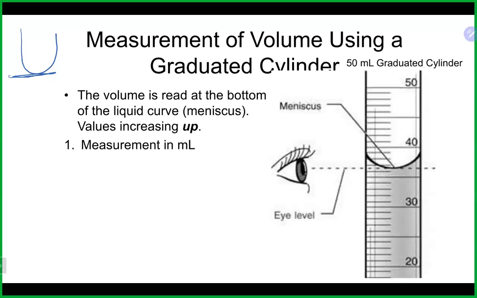So in something like a graduated cylinder, we fill from the top, we pour out the top, so the volume increases from the bottom of the graduated cylinder readings to the top. If we look at something like this here, we have a 30 and a 40. The difference in terms of our large markings is 10 milliliters.